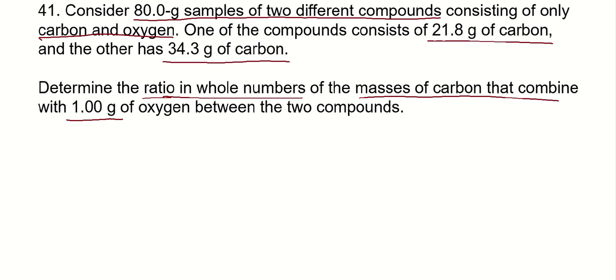All right, so let's say this is compound 1 here in blue. We're given that we have 80 grams of both. For compound 1, which is going to be carbon monoxide, excuse me, you're not supposed to know that, so let's just say compound 1.